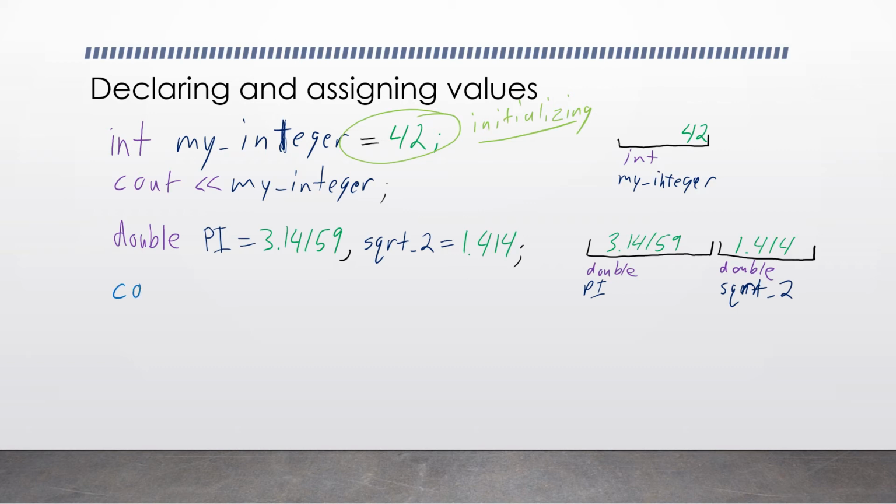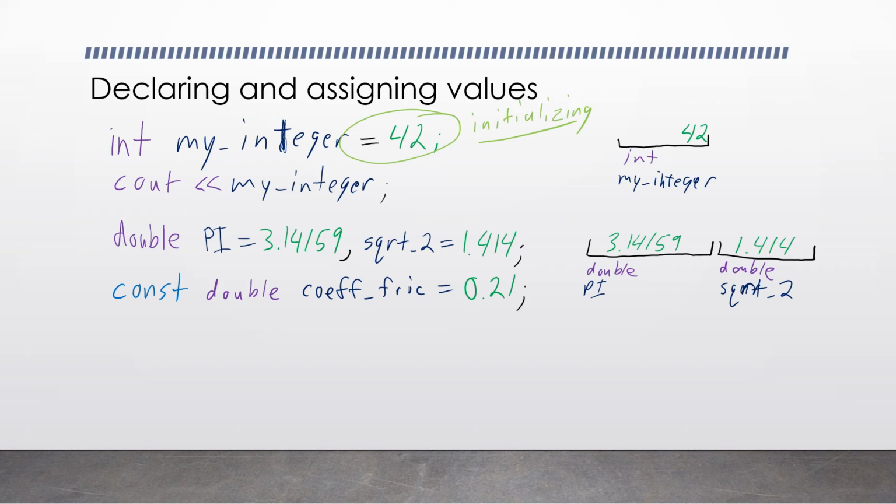We can use the word const. Const double coefficient of friction equals 0.21. Okay.